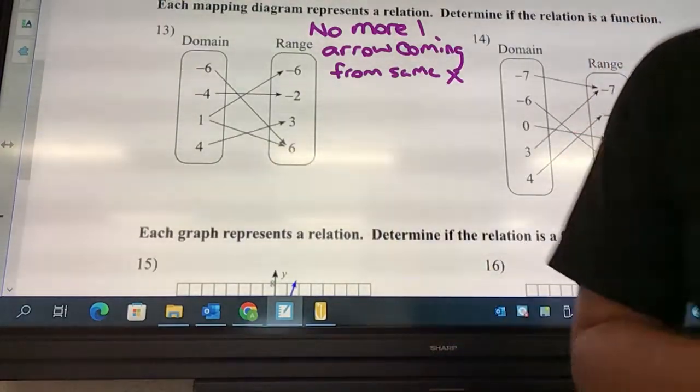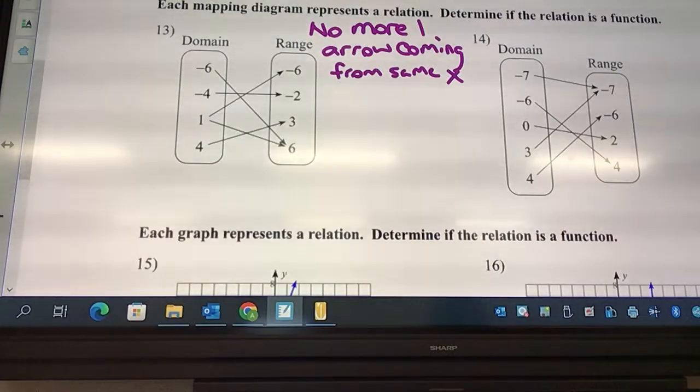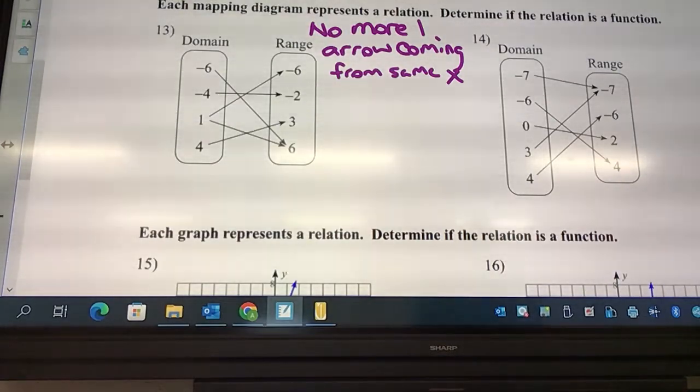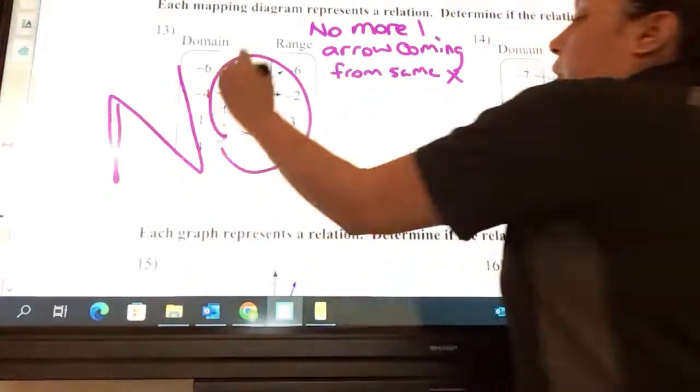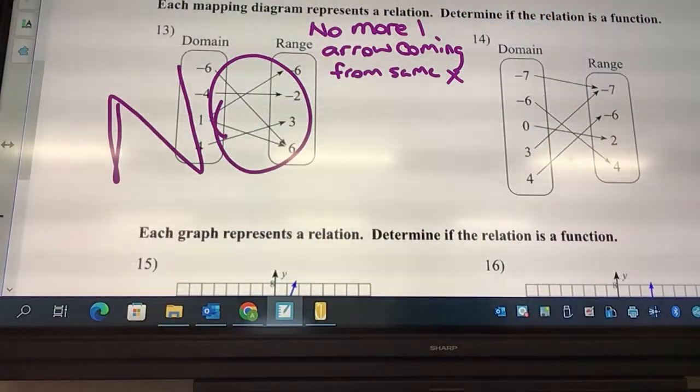So is number 13 a function? No. Why not? The one has how many arrows? 2. So this one is going to be a no. This page is fast.